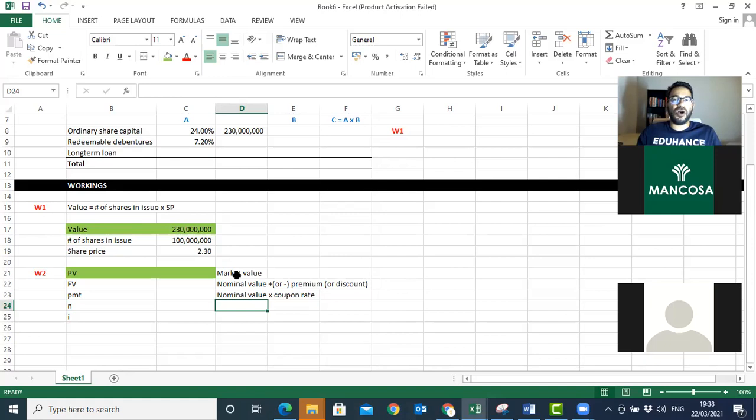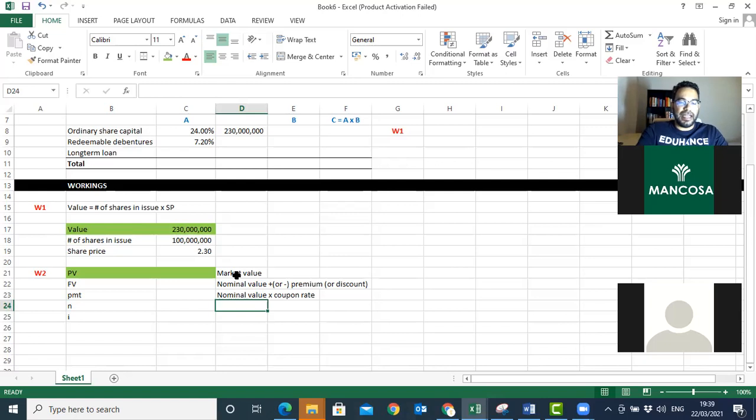Do not confuse market rate with coupon rate. You use the coupon rate to determine PMT, payment. You use the market rate to discount any future cash flows.